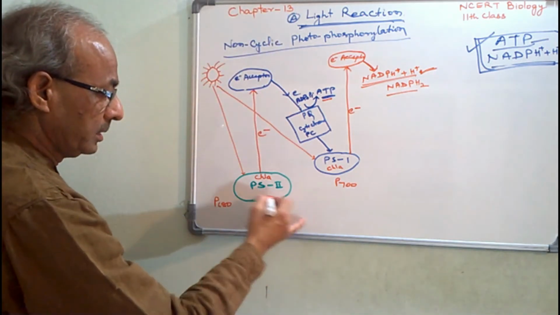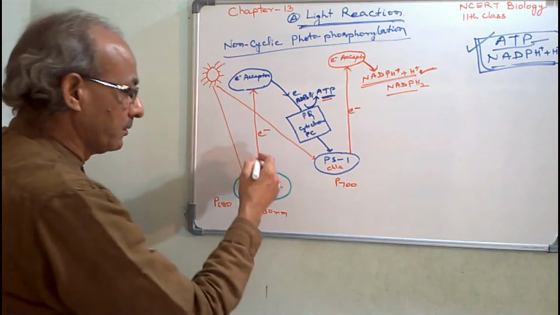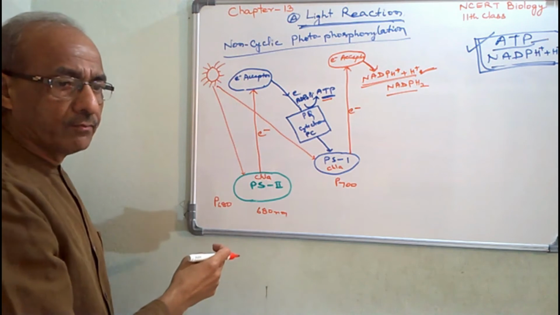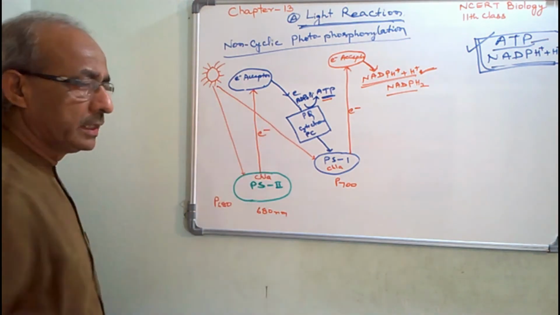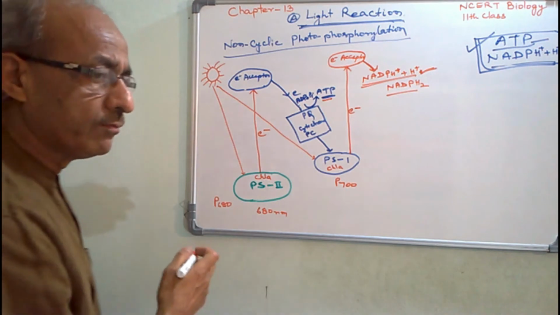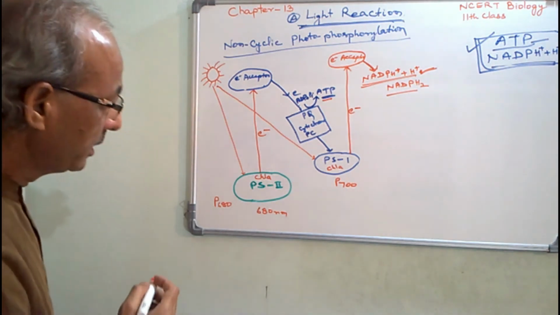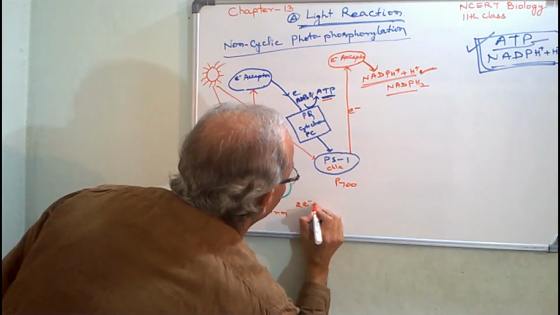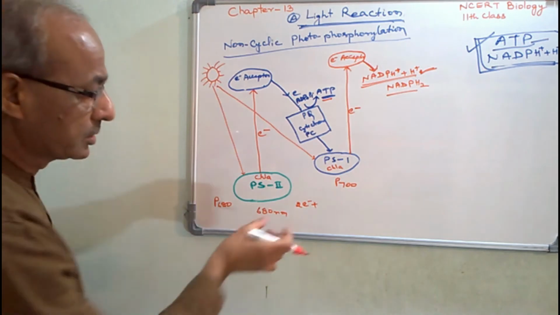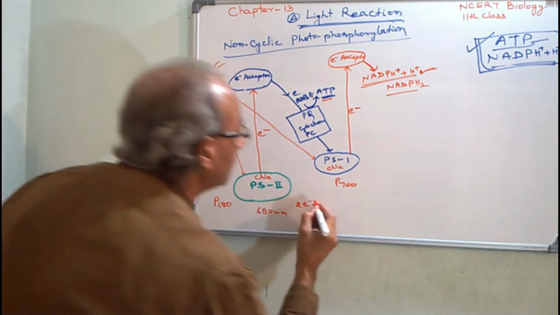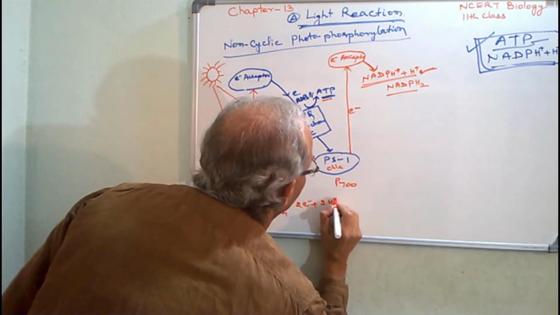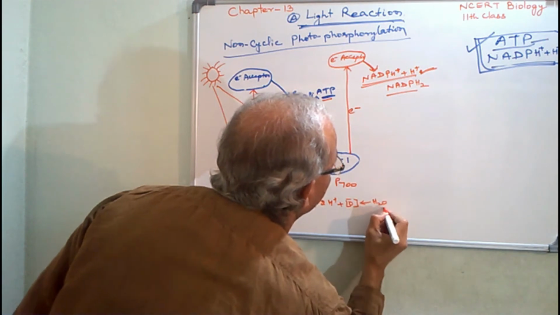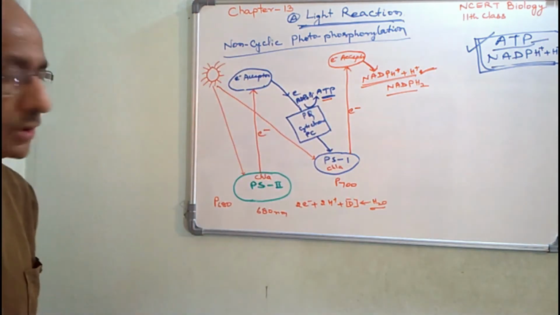Here the replacement, because the electrons after getting excited jump upward, so its loss is compensated by splitting of water. During splitting of water in presence of light, electrons are produced. This splitting of water in presence of light is called photolysis.